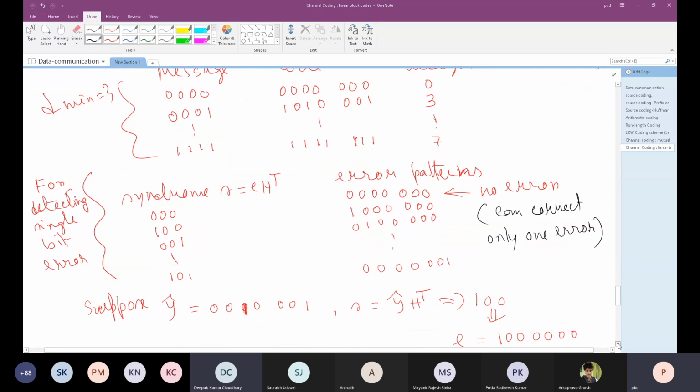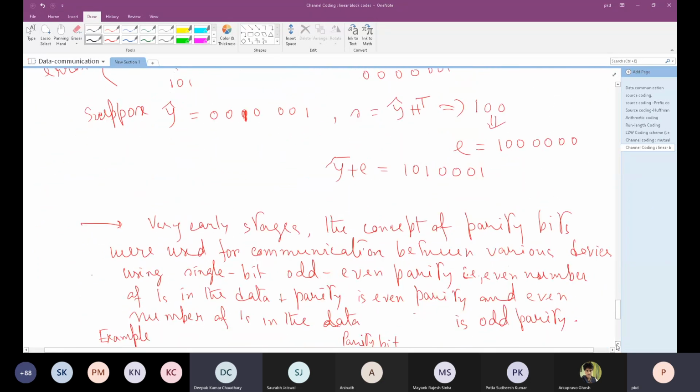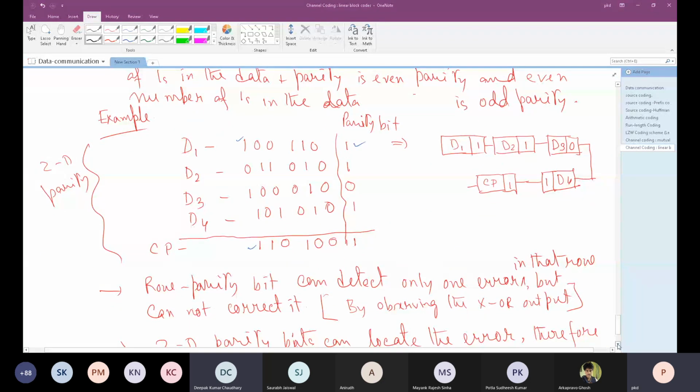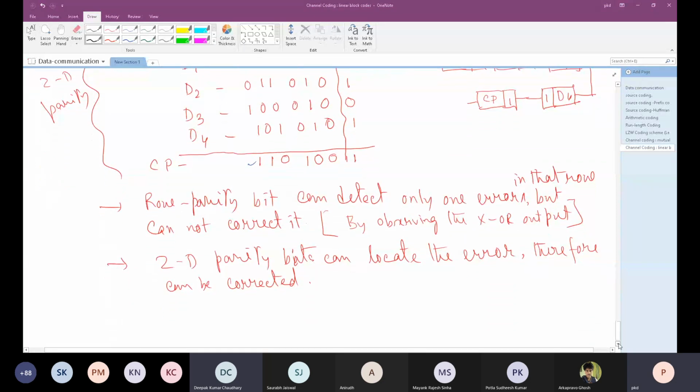But there are codes which can detect multiple bit errors as well as correct multiple bit position errors. That is also possible.